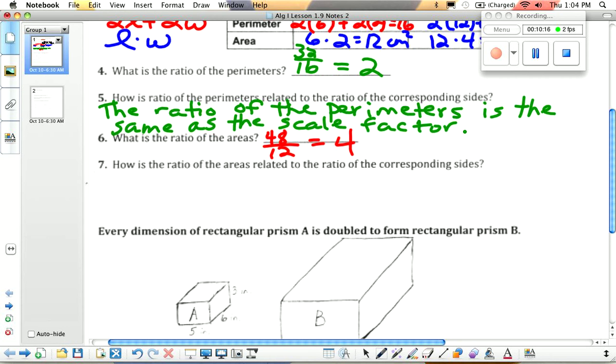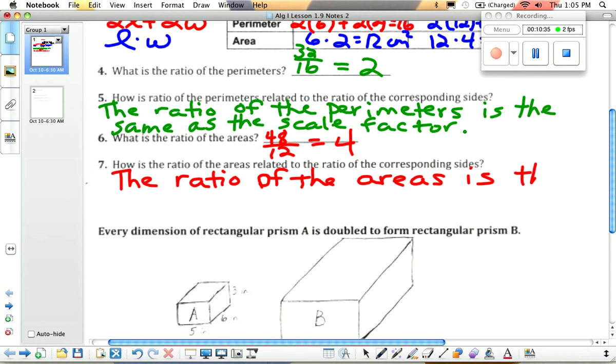So we're going to say that the ratio of the areas is the square. That means take a number times itself. That's what square means. So the ratio of the areas is the square of the scale factor.